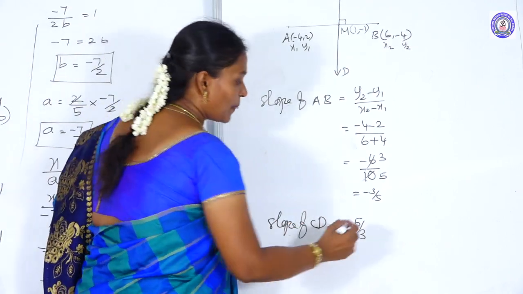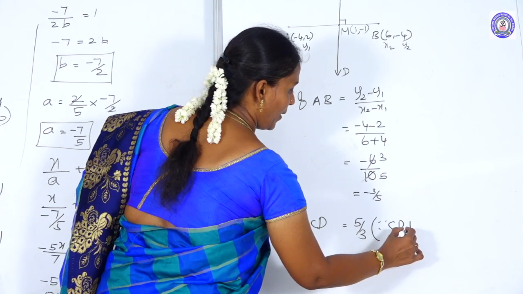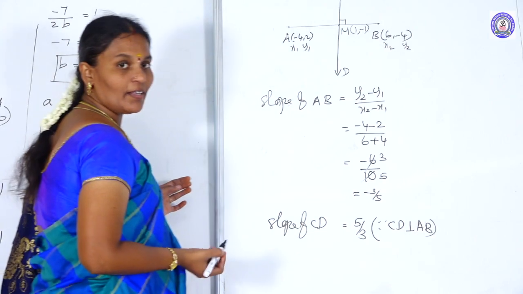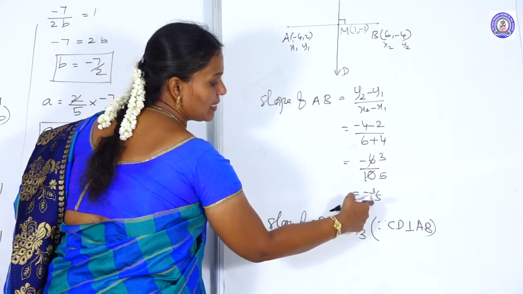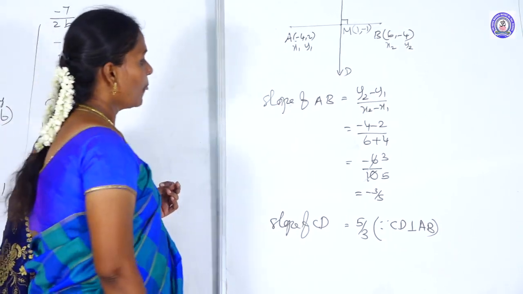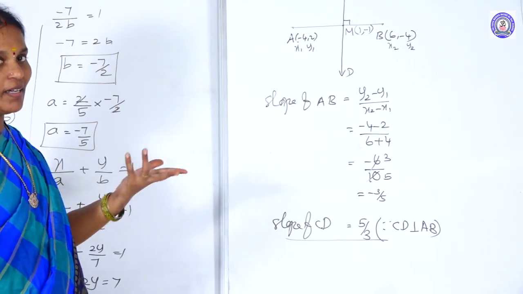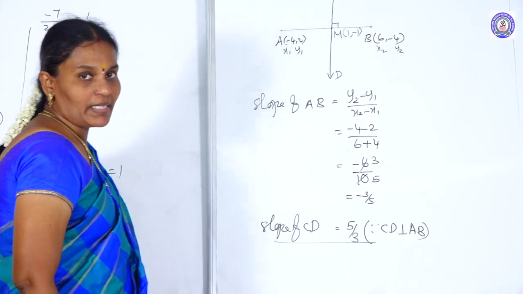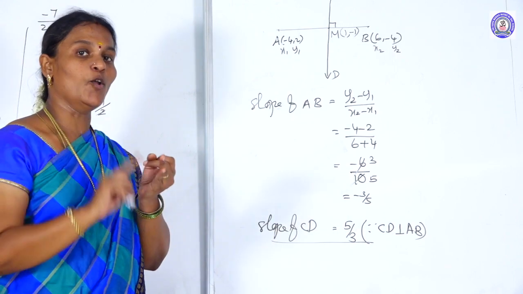Because CD is perpendicular to AB, so we take the negative reciprocal of -3 by 5. This is the slope of CD. Now you can find the equation of that perpendicular bisector, because you know one point and a slope.